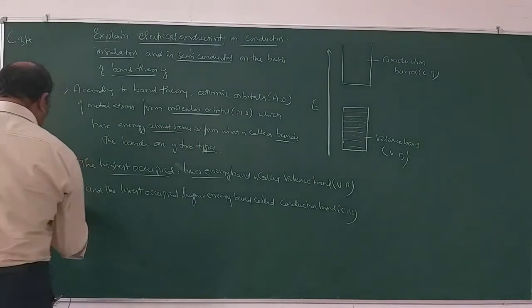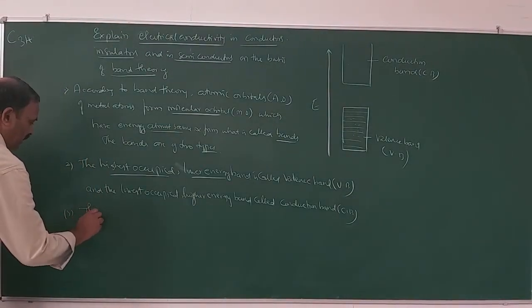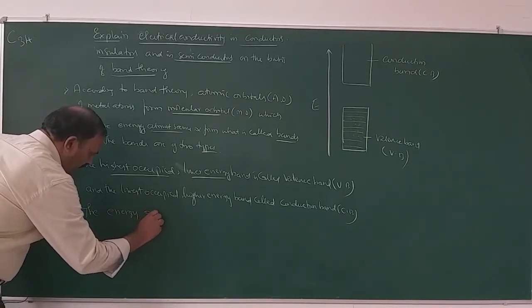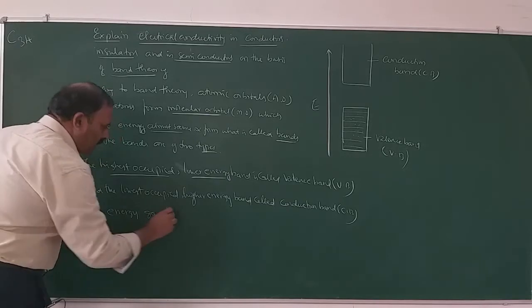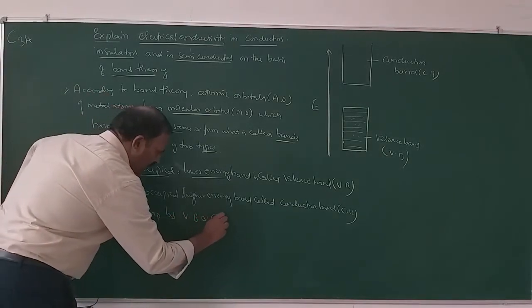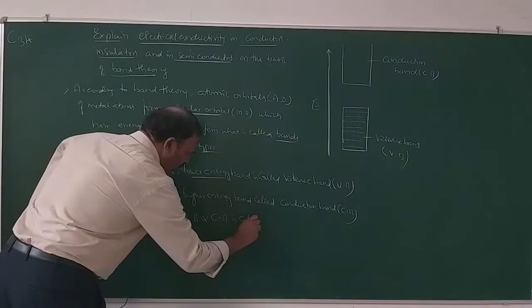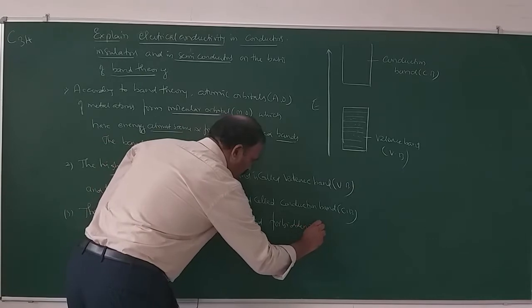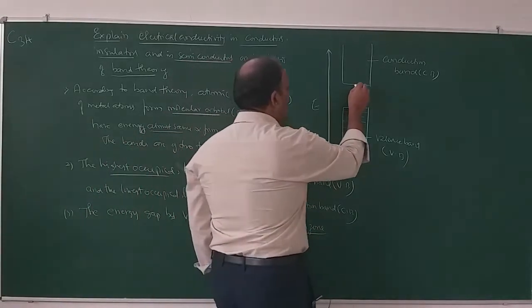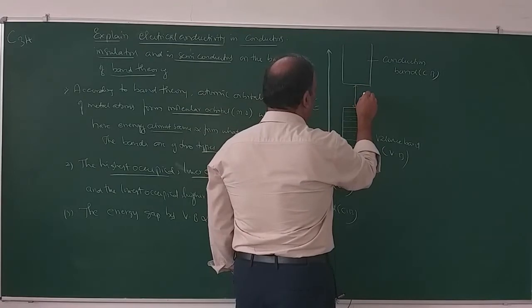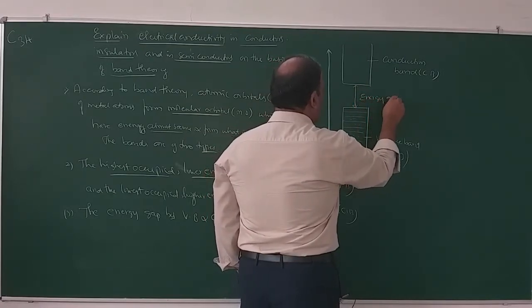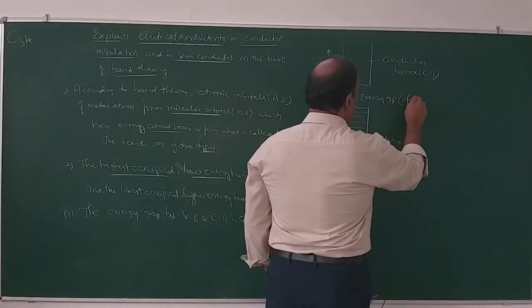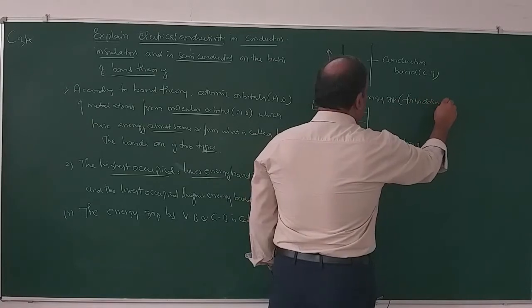So then the third point: the energy gap between valence band and conduction band is called forbidden zone. So this energy gap between valence band and the conduction band is called forbidden zone.